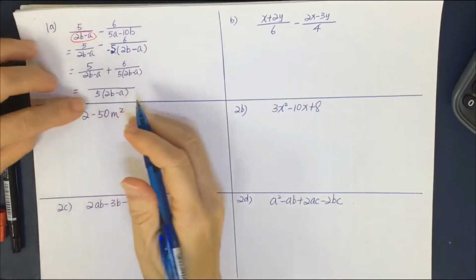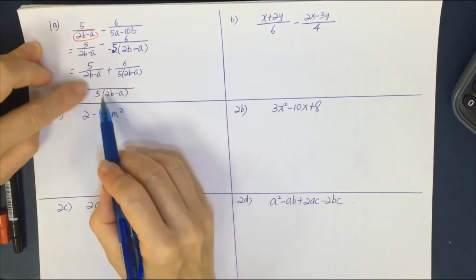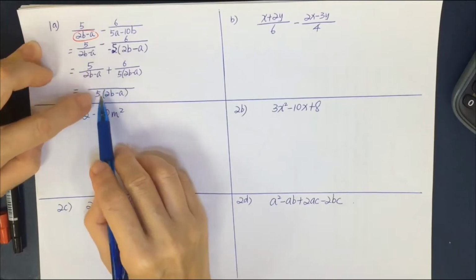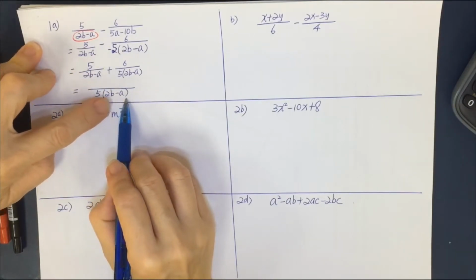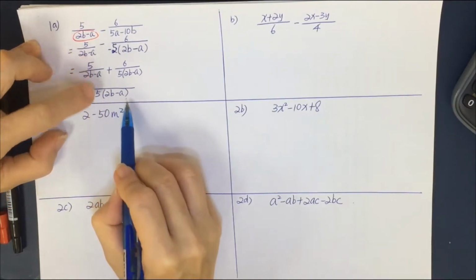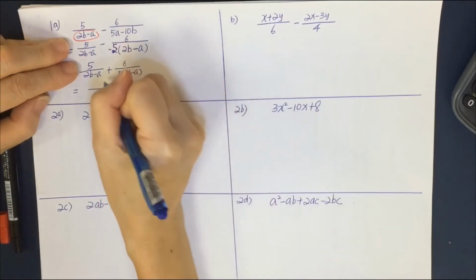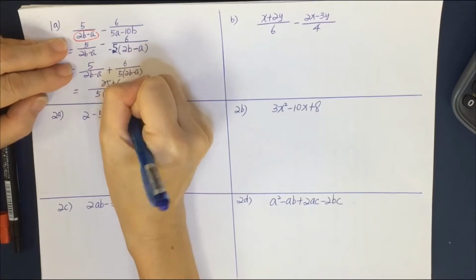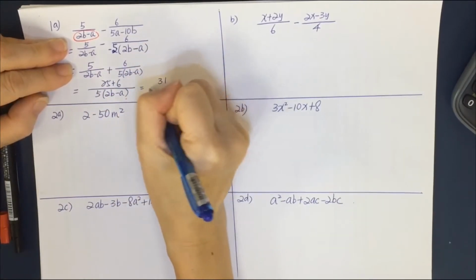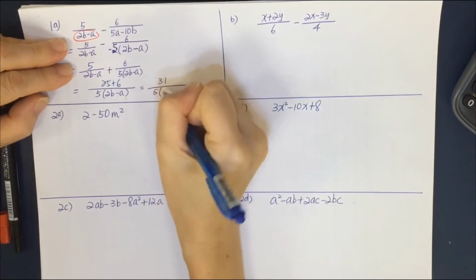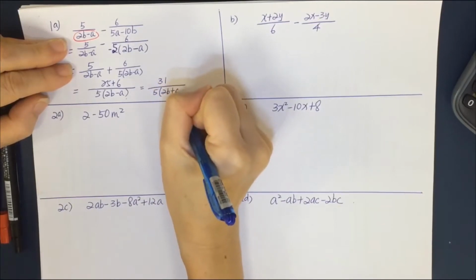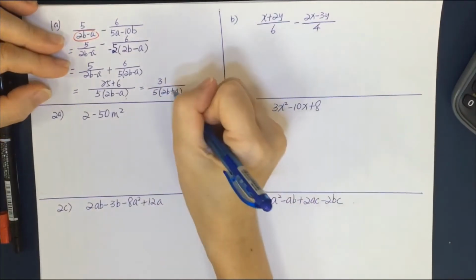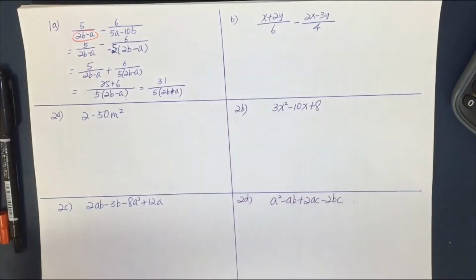Originally this is 2b minus a, now it's 5 times 2b minus a, so I actually multiplied by 5. So the 5 should be multiplied to the numerator also. So 5 times 5 is 25, then plus 6. Therefore your answer is 31 divided by 5 times 2b minus a. Sorry, this is minus a.